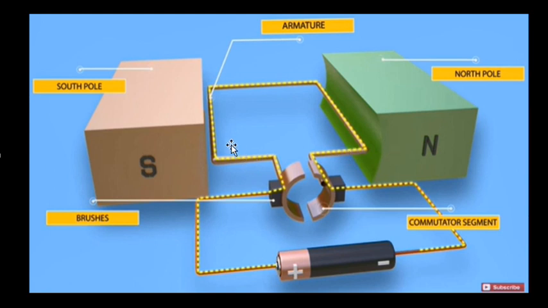So what will happen now? Which type of motion will happen in the coil? Here upward, here downward, in the same direction as the flow of current. So it will move clockwise. Just watch.